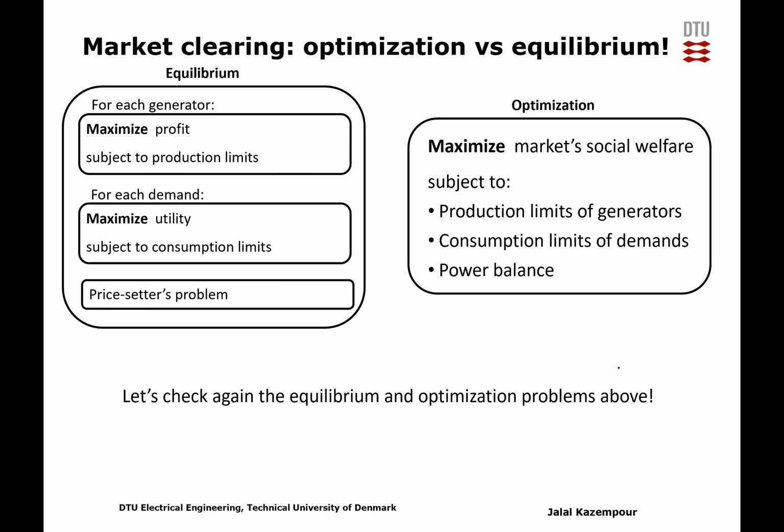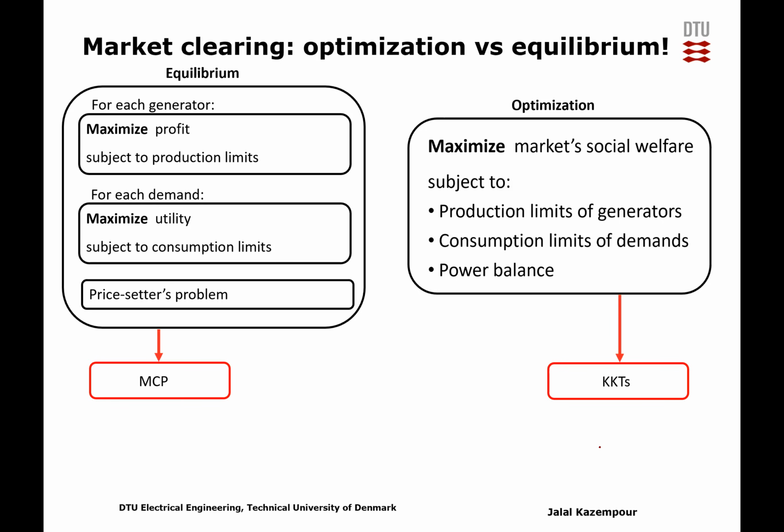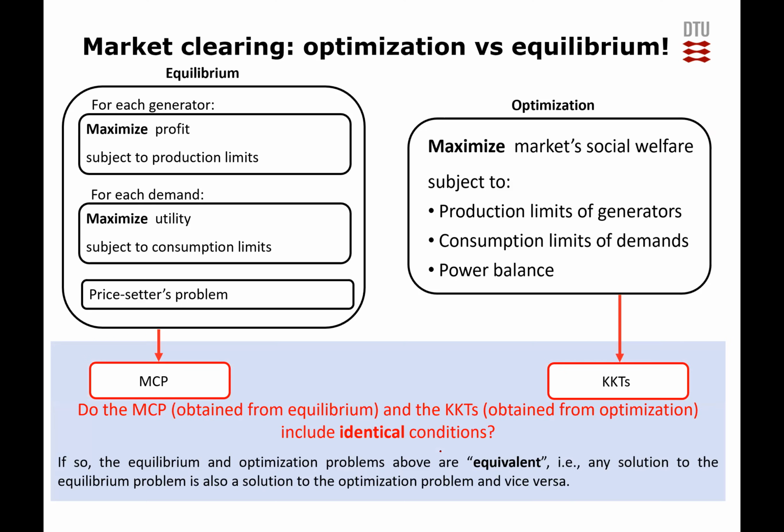Let's check again the equilibrium and optimization problems that we have. We realized how we can derive an MCP from an equilibrium problem. Also here, we have a single optimization problem, and we can derive KKTs, right? And I suppose we did that yesterday. Good.